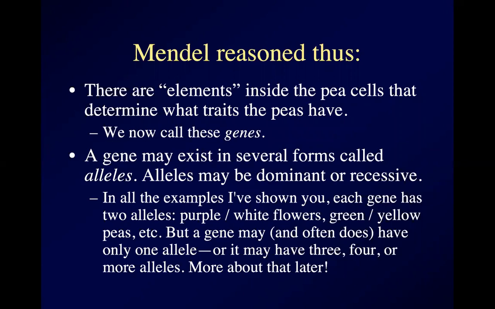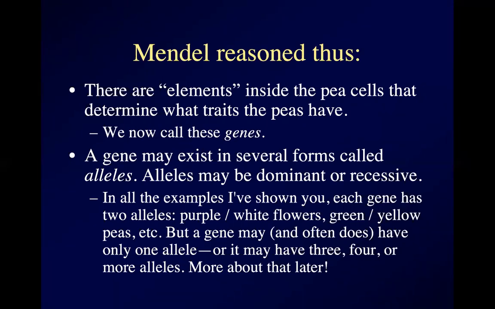We would now call them genes, but they determine what traits pea plants have, whether the pea is tall or dwarf, purple flowered or white flowered, yellow pea seeds or green seeds, whatever the case might be. As we now say, inheritance is particulate. It's a matter of getting these particle-like things that, in our understanding right now, don't change and don't blend.